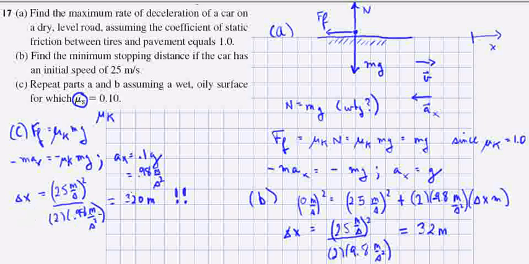And in computing delta x, the initial velocity is still the same. Since the acceleration is 1/10 of what it was before, the stopping distance is going to be 10 times larger. So 32 meters goes to 320 meters.